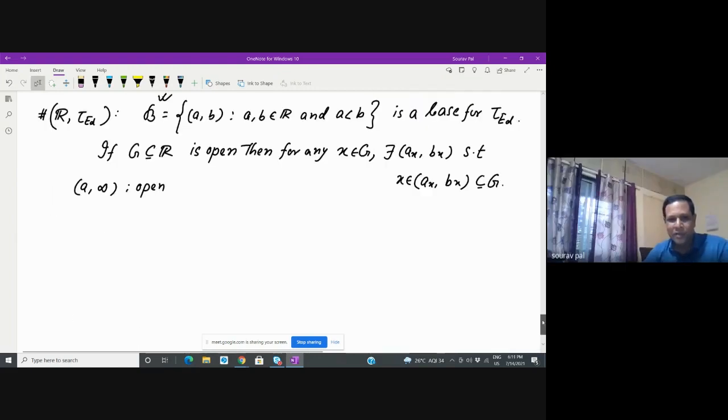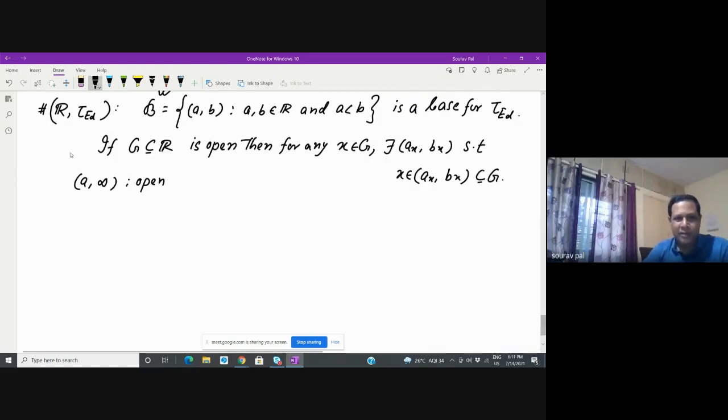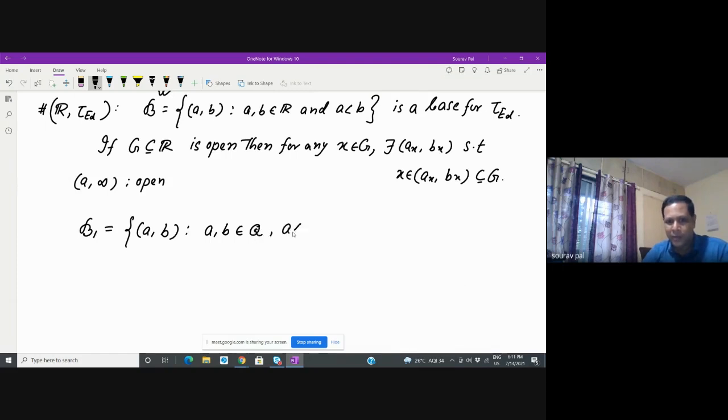So if you collect this set, call it B1, and collect (a, b), where a and b come from the set of rational numbers, and a is less than b, then this is also a base.